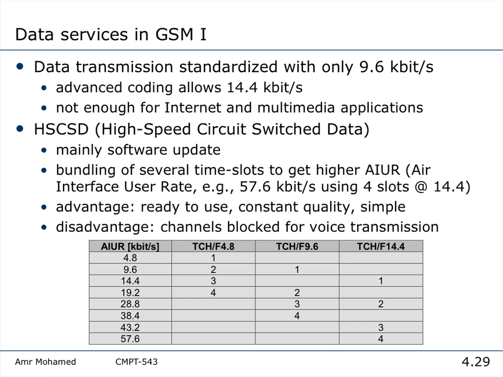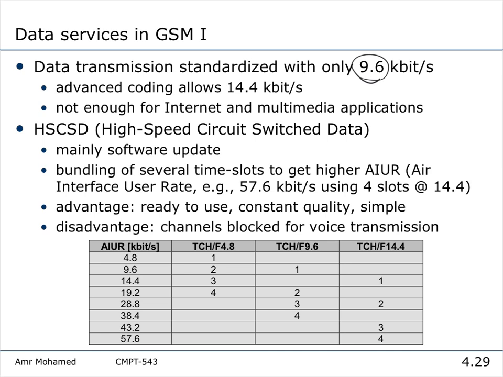Of course, GSM, as nice as it was at that time, provided data rates of around 9.6 kilobits per second, which was pretty much good for voice calls and for supplemental data services like fax and these things.